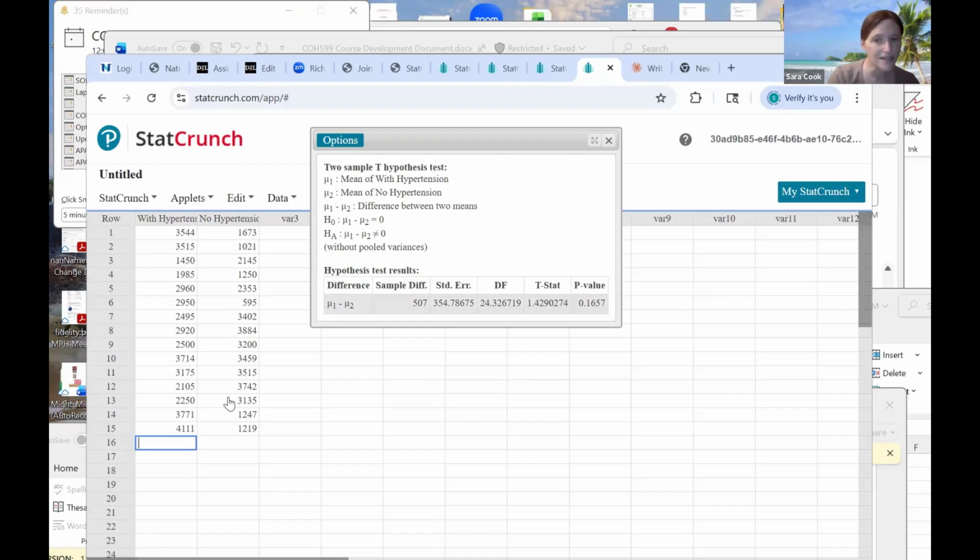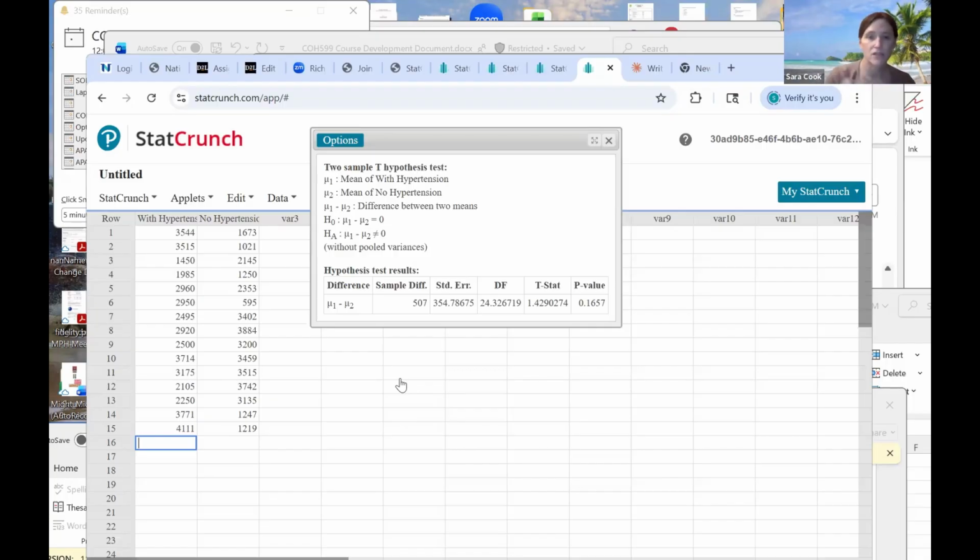However, it's not statistically significant. And what that means is we could have had differences as large as 507 just by chance alone. If we would have continued sampling, we could have had differences as big as this. Let's say we took a totally different group of 15 women in each group. We could find differences as large as this in the complete opposite direction. It could be 507 grams lighter.